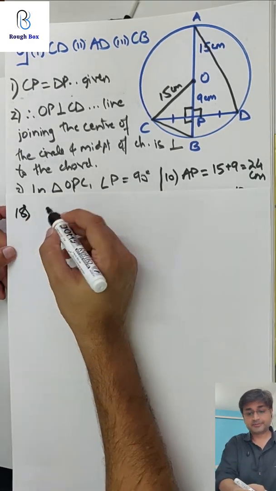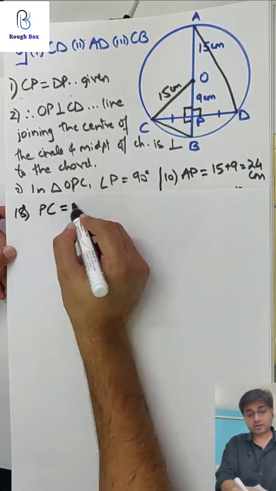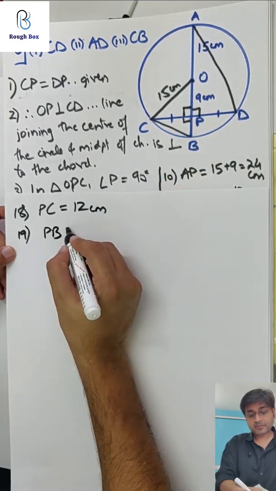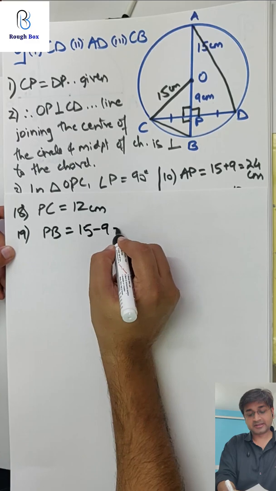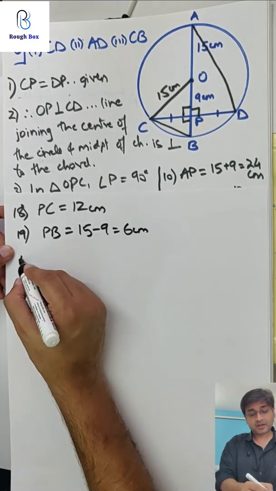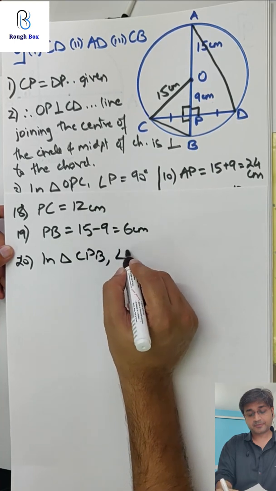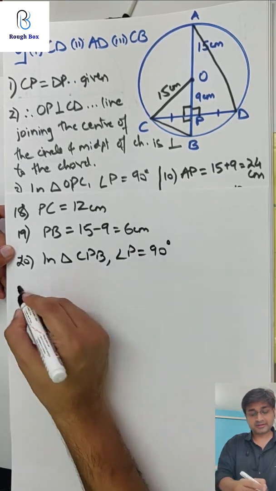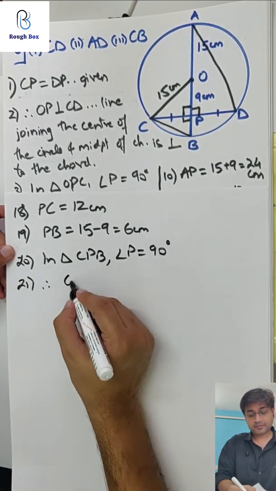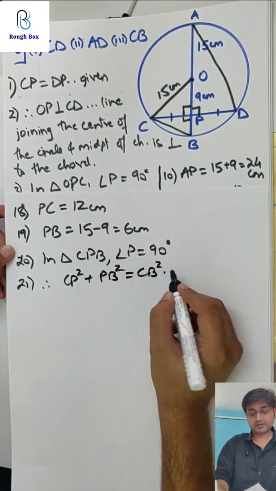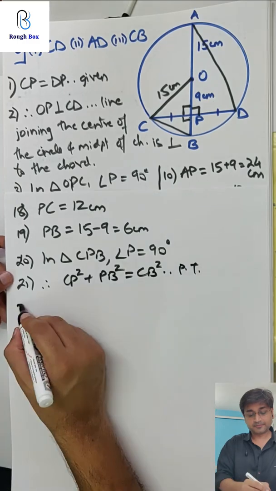So step 18, PC is 12, PB shall be 15 minus 9, that is 6. So finally in triangle CPB, angle P is 90 degrees. Therefore CP square plus PB square equals CB square, Pythagoras theorem.